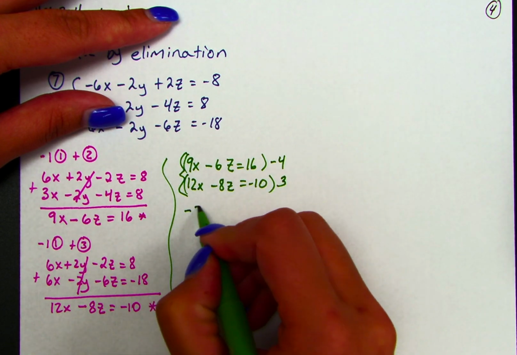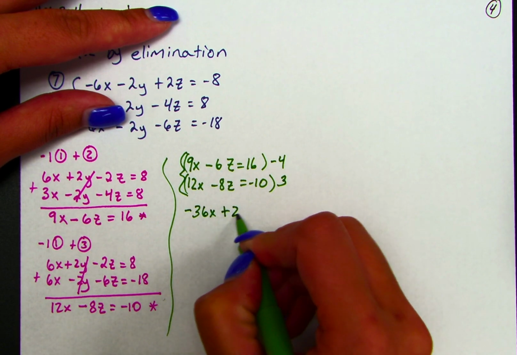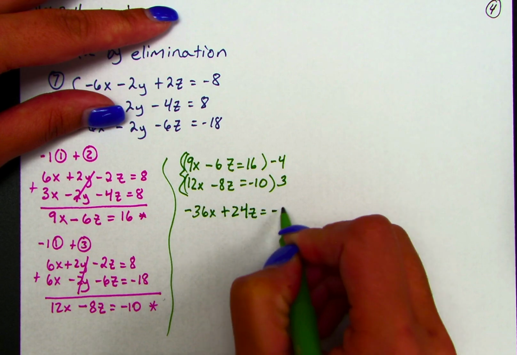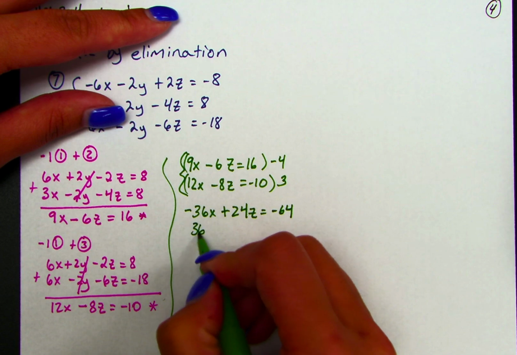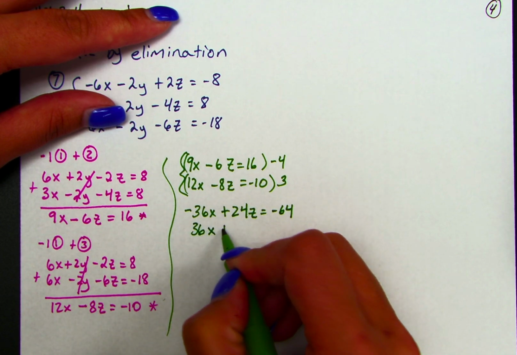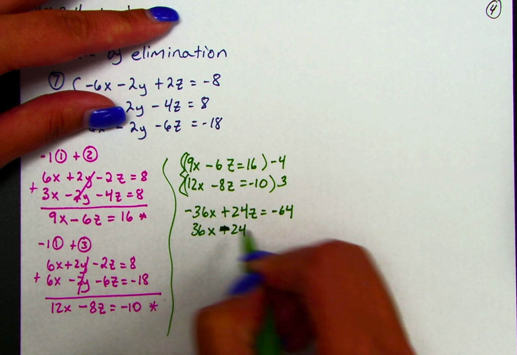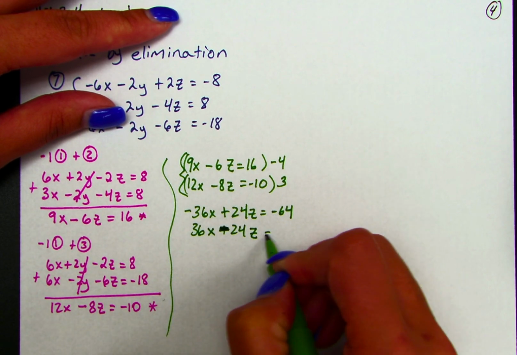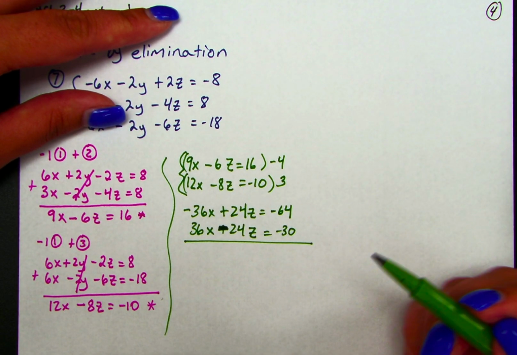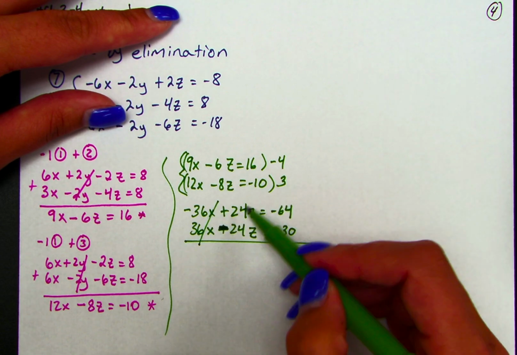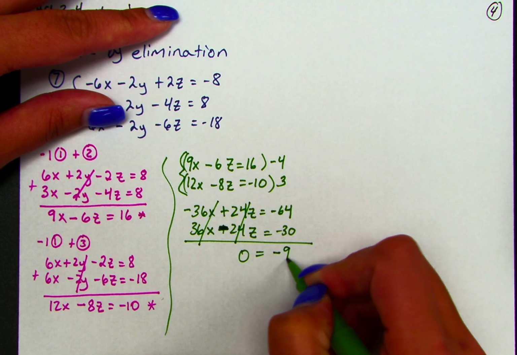This will give me -36x plus 24z equals -64. And then if I distribute my 3, this will be a positive 36x minus 24z equals -30. What's going to happen is that both my x and my z cancel, so I'm left with 0, and then that will be -94.